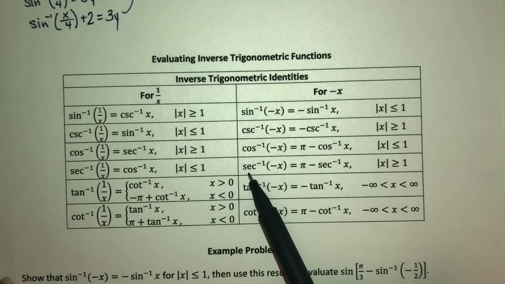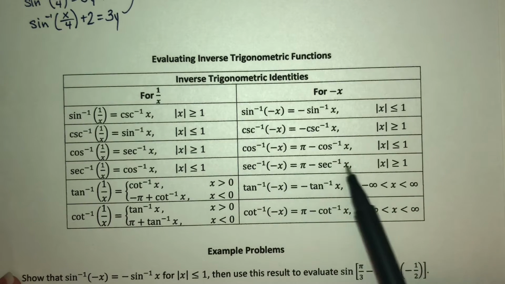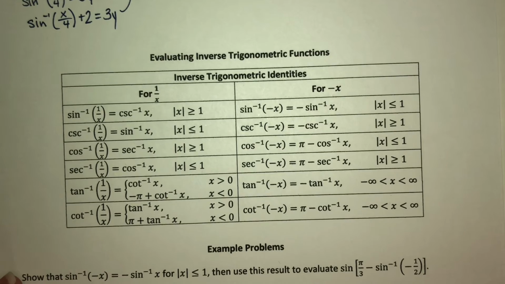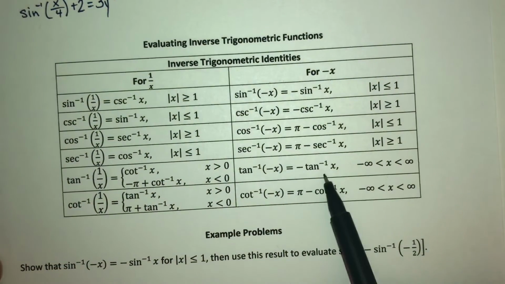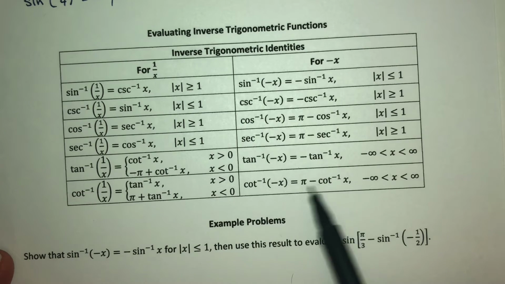Same thing happens with secant inverse. It's kind of an even function, but you have to make an adjustment to put it in the correct quadrant. Tangent is odd. Cotangent, you have to make an adjustment for.